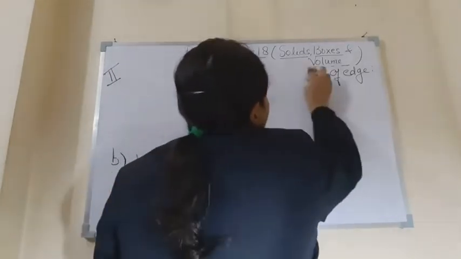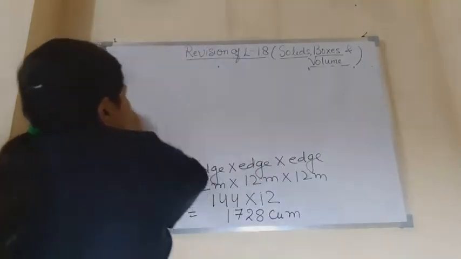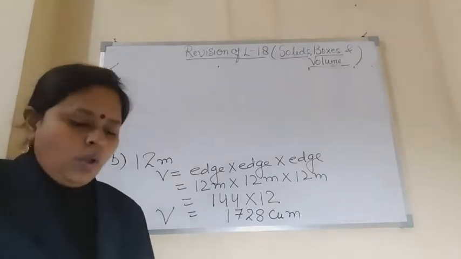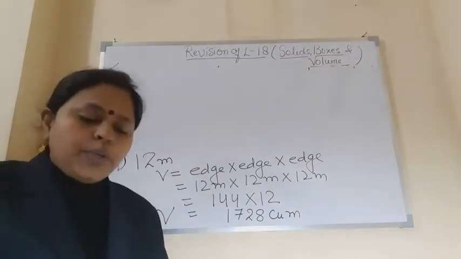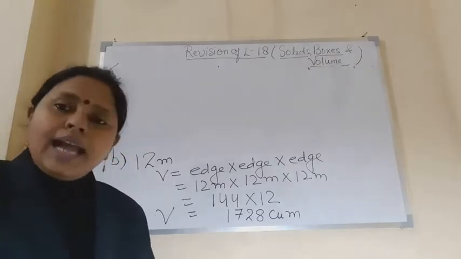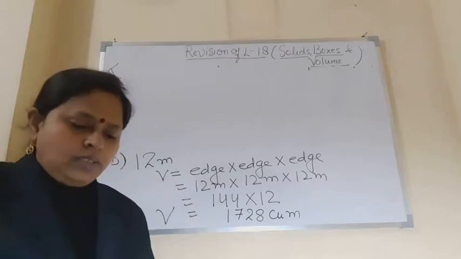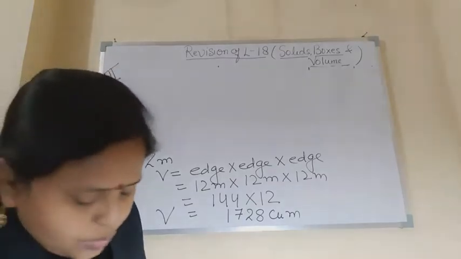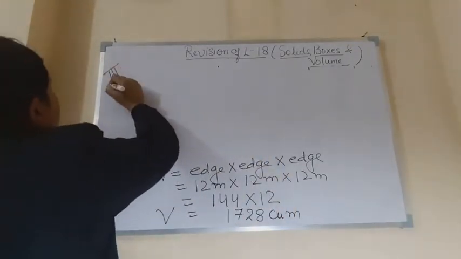So the question is that a swimming pool of length is equal to 25 meter, breadth is equal to 15 meter and height is equal to 2 meter is 3/4 full of water. Find the volume of water in the pool. So children, this is question number 3.